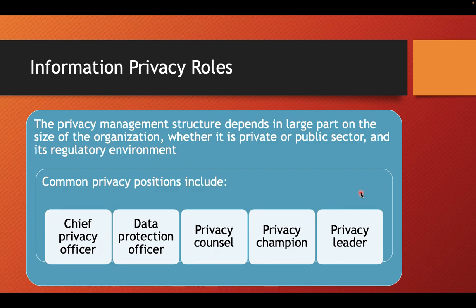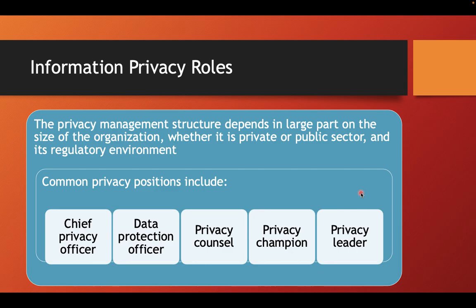Now, information privacy roles. We say the privacy management structure depends in large part on the size of the organization. If the organization is small, then it's easy to manage, right? Whether it's private or public sector, or a regulatory environment or government, it's a function of the size somehow.